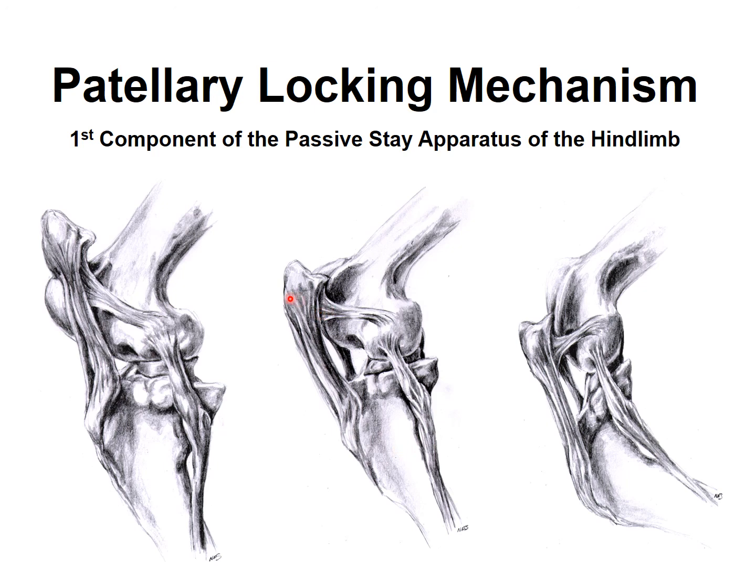If the patella continues to be riding on the medial trochlea of the femur, this is the femur, this is the tibia and the fibula, if the patella kept sitting on the medial trochlea of the femur, the stifle will always be extended.